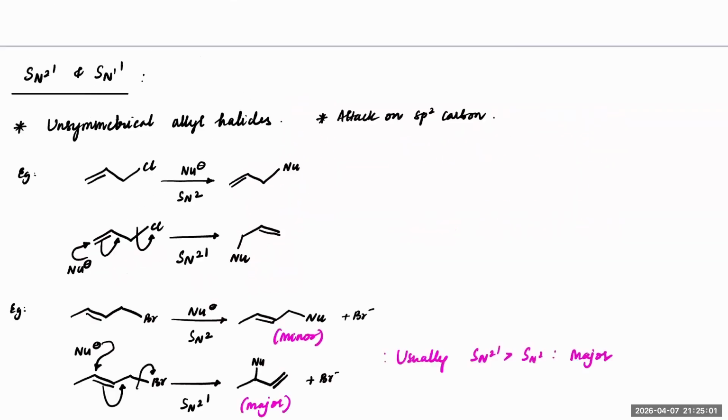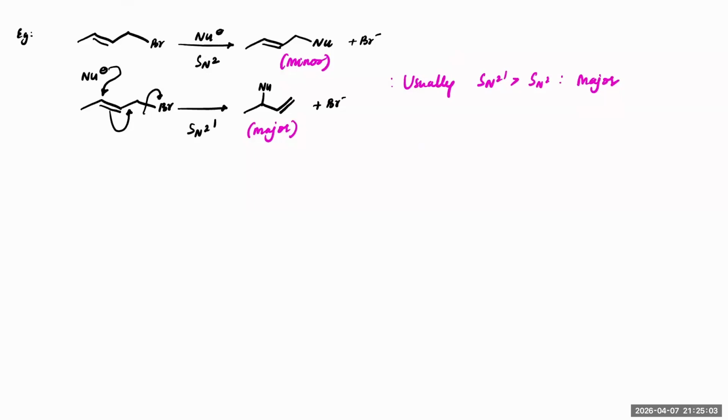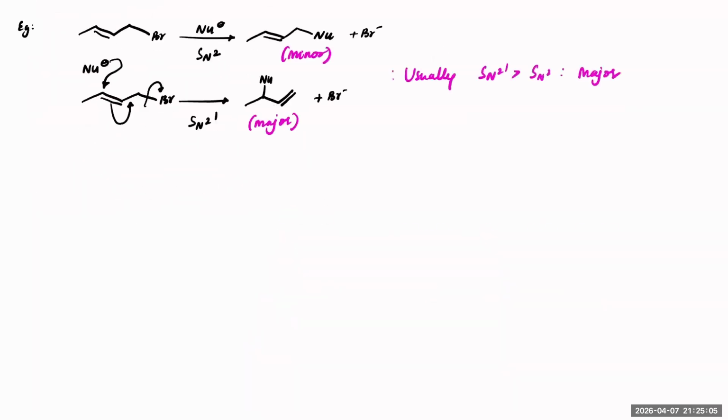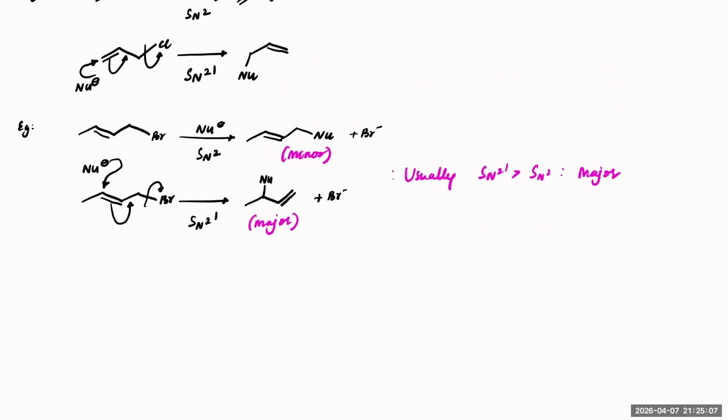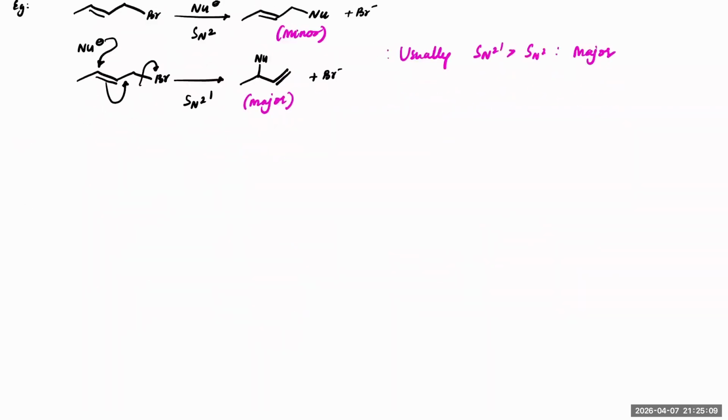Right. Next, let us understand what SN1 prime is. Now imagine you're reacting with this nucleophile, but it is going via an SN1 reaction. So let me show with an example. Suppose I have a double bond here like this with chlorine here and I'm reacting with H2O. You know that H2O is a weak nucleophile, so it will favor SN1 reaction.